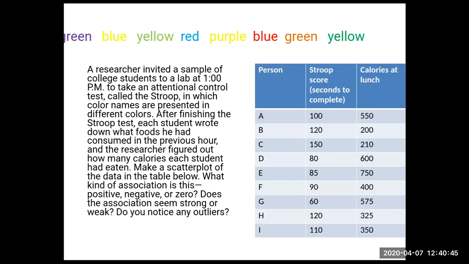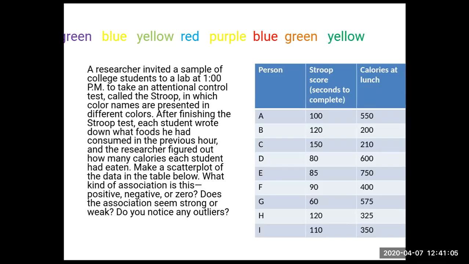If I were to do this, I would simply put their scores in a scatter plot from 60 to 150, it looks like, and the calories from, I'm looking at 200 to 750.